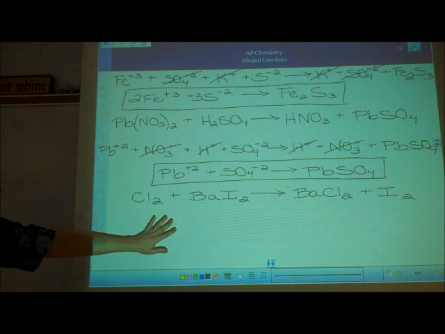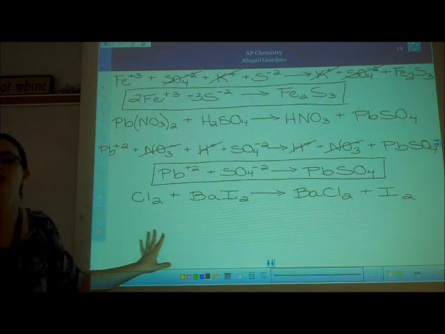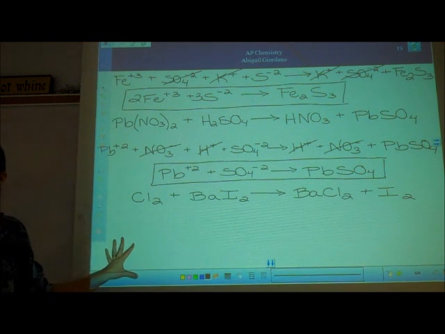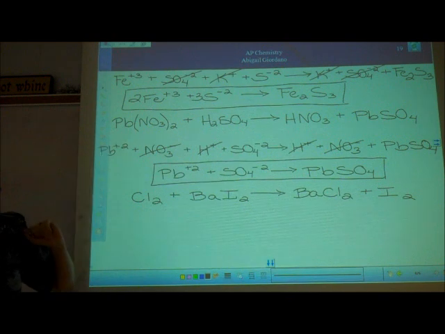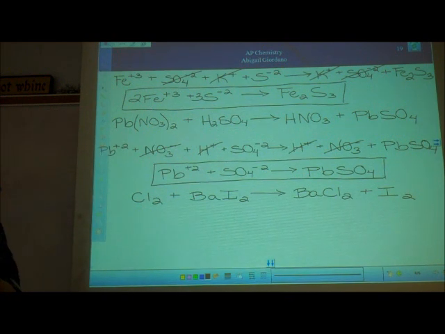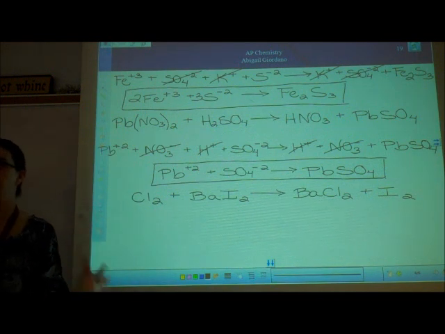Alright, ladies and gentlemen, I want to talk through this third one a little bit. Numbers 1 and 2 were both, the first two were both what type of reaction? Yes, precipitation, but double displacement, decomposition, synthesis, what?